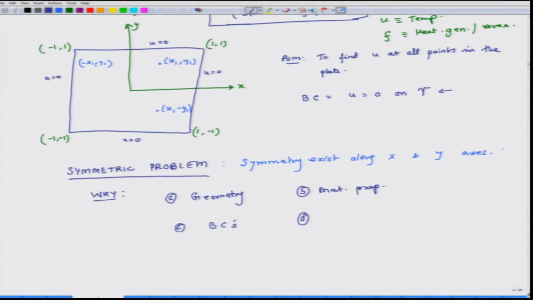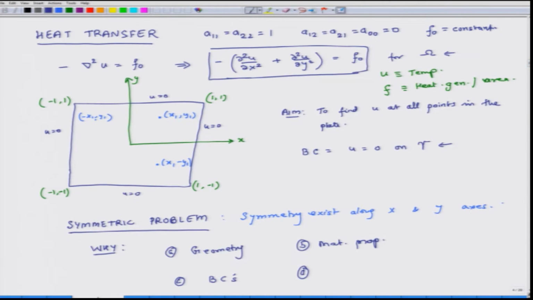The fourth thing, look at the equation, x and y relate to geometry. There is BC, and then also we have said that A11, A22 are related to material properties. So, we have considered geometry, material properties, and boundary conditions.